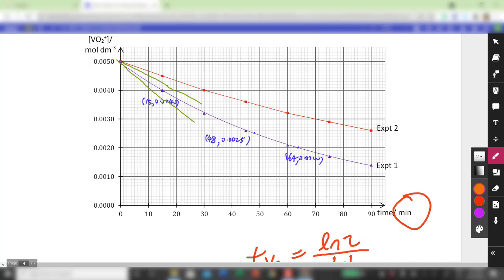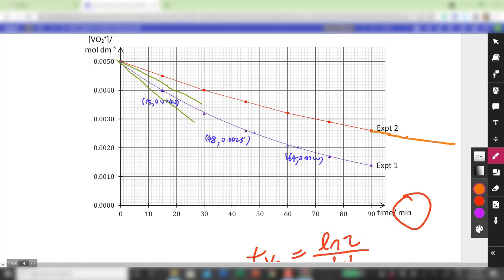Let's say they conduct it to about 120 minutes. For experiment 2, if I extrapolate the line a bit, my extrapolation isn't done so well, you realize that at about 0.025, about here, for the VO2+ concentration, when I halve it from 0.05 to about 0.025, the time is about 96 minutes.